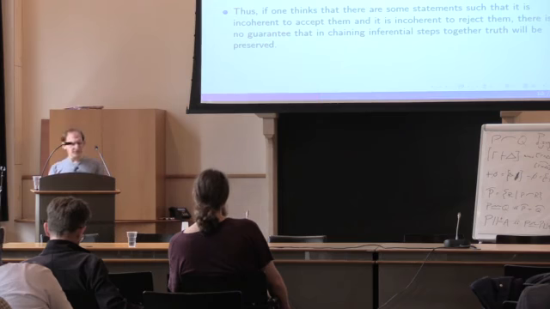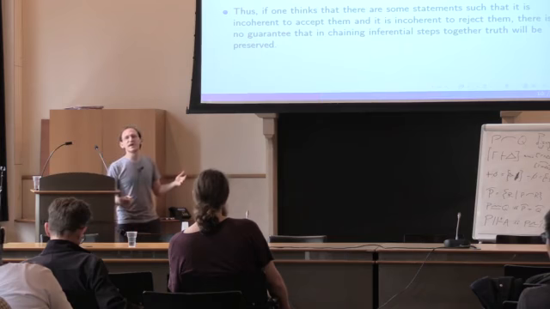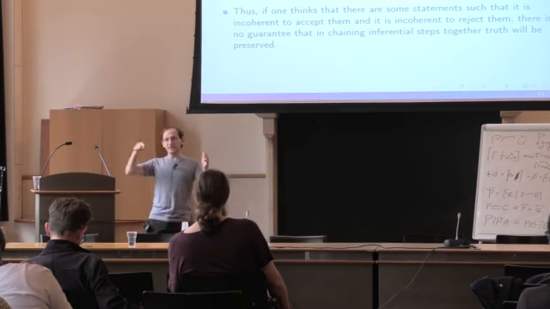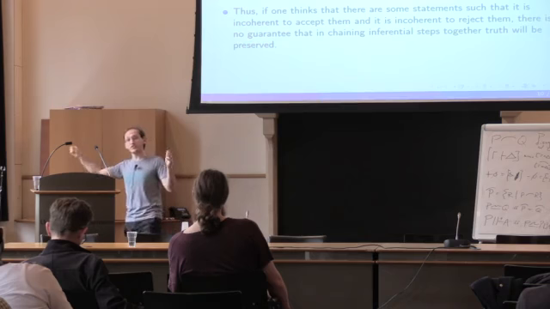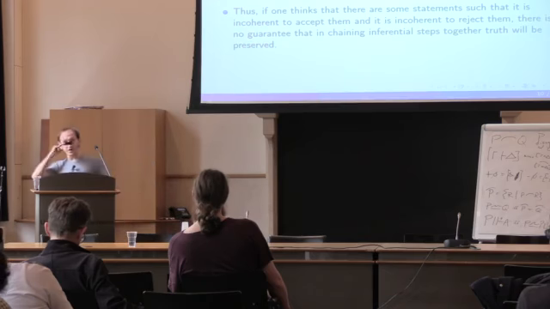But what I mean here is simply the thought that if one starts from a true statement and then validly passes through several inferential steps to another statement, then there's no guarantee that the resulting statement will be true. So in that sense, at least, truth preservation is gone.